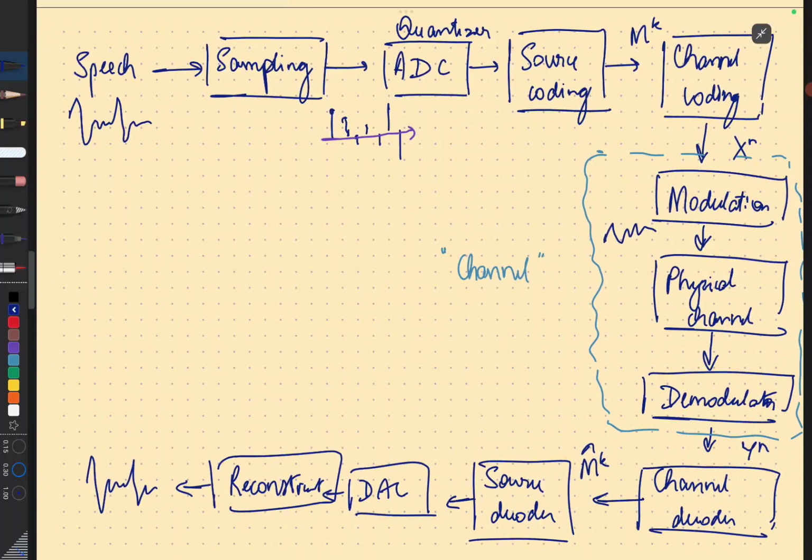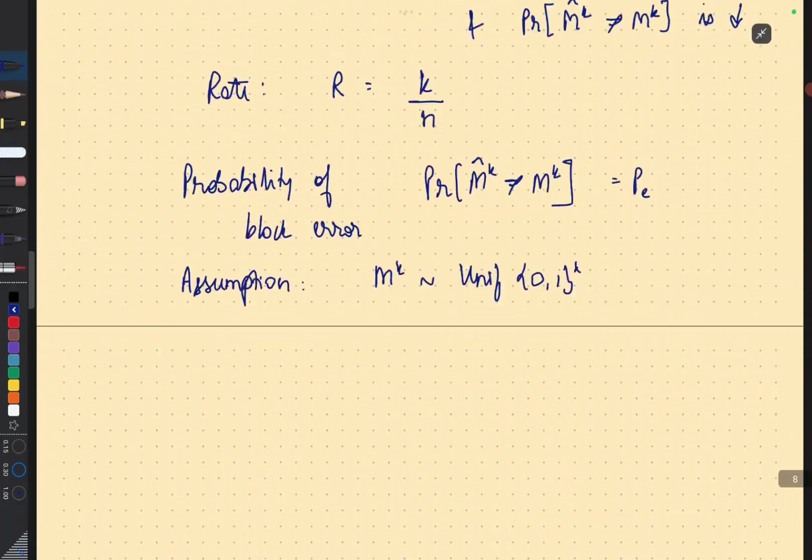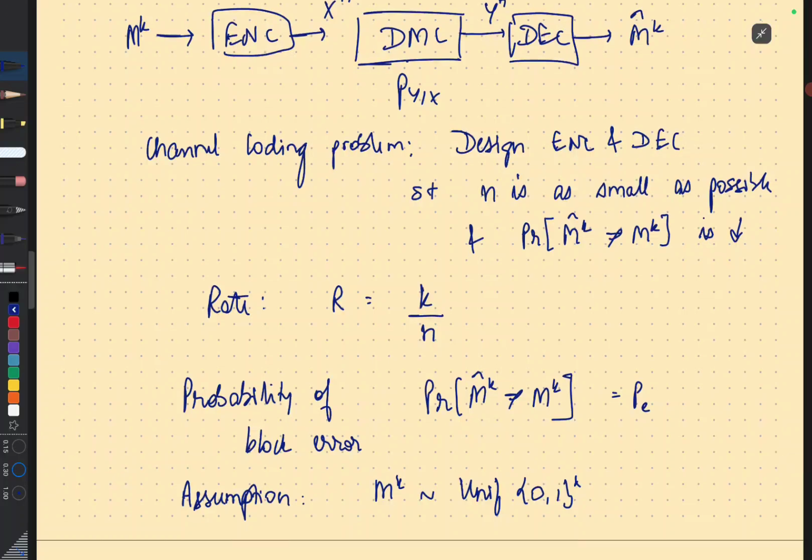If you use a good compressor, then the distribution of the compressed bits should be close to uniform. Otherwise you could design another Huffman code or an arithmetic code to compress the bits even further. And if you're actually compressing it close to the entropy, then the bits are going to be close to uniform. So for the channel coding block, we can safely assume that the message bits are close to uniformly distributed. In fact, much of the theory that we'll develop will hold true even if they are not uniformly distributed.